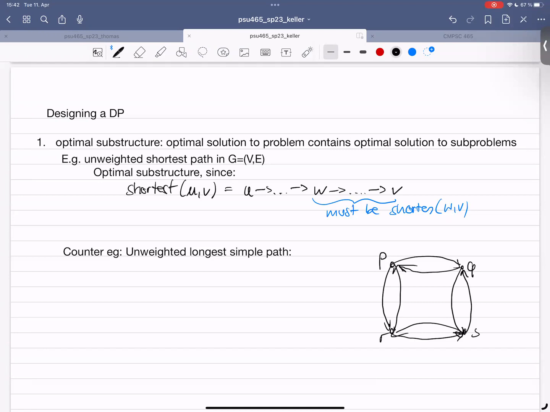Now let's look at the longest path from P to R in this graph. The longest path from P to R is, well, starting at P, then going to Q, then S, and then R. So that's clearly the longest path. It uses 3 edges.